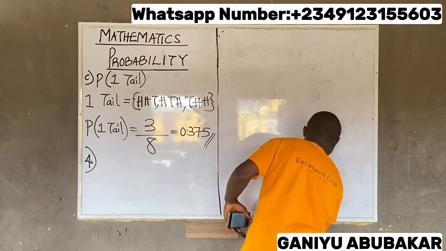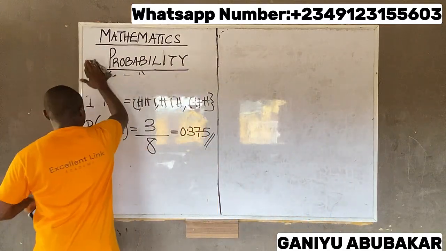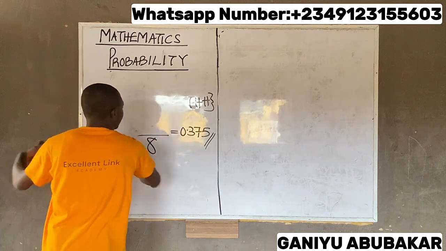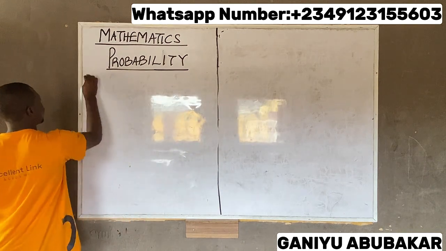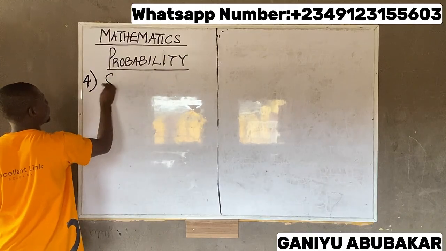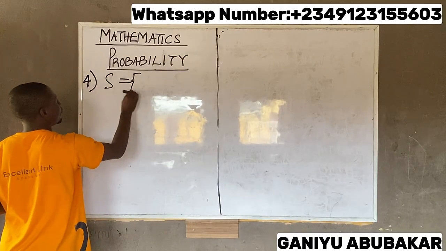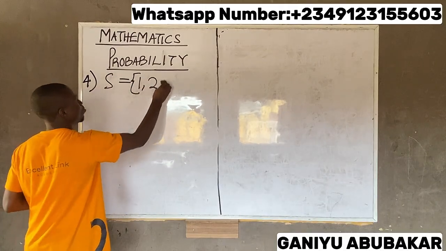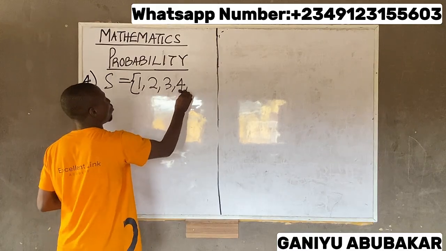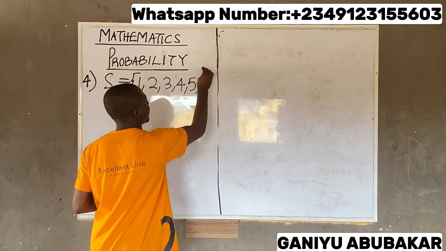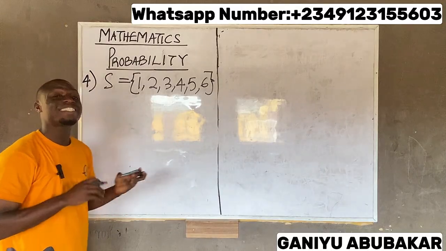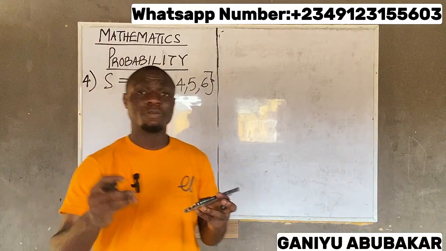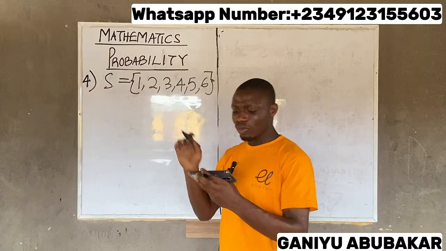So the sample space here is just 6 because it's a dice: 1, 2, 3, 4, 5, 6. A dice has a total of 6 sample space because it has 6 faces, each numbered 1 to 6.